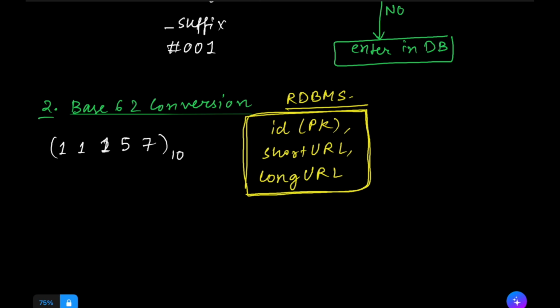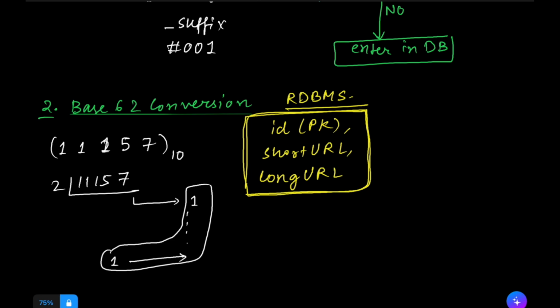We divide by 2, get the remainder, and in this way we get some values, and we take these numbers and convert from decimal to binary. Similarly, we have this decimal number and want to convert it into base 62.